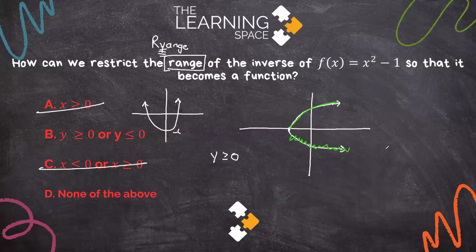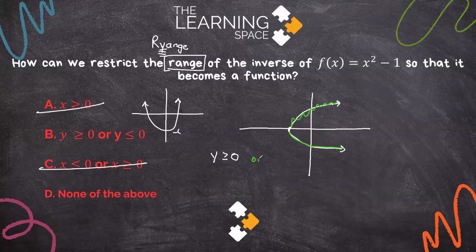If we only restricted this part and only focused on the bottom part, doesn't that become a 1:1? It does become a 1:1. And this is also a function.